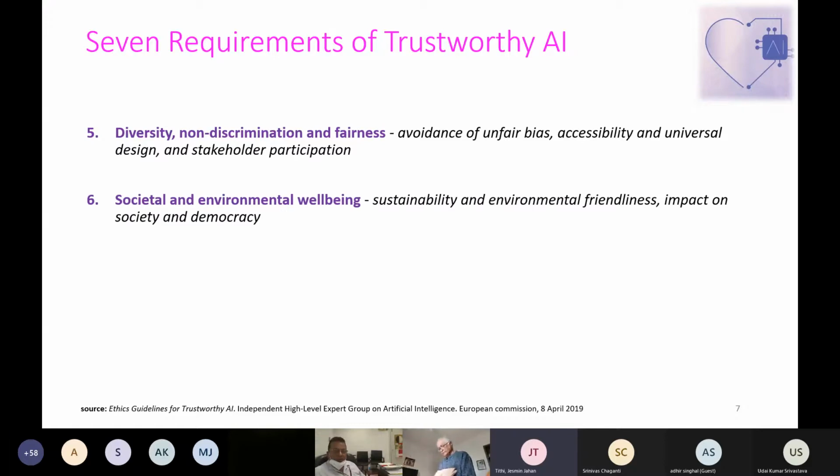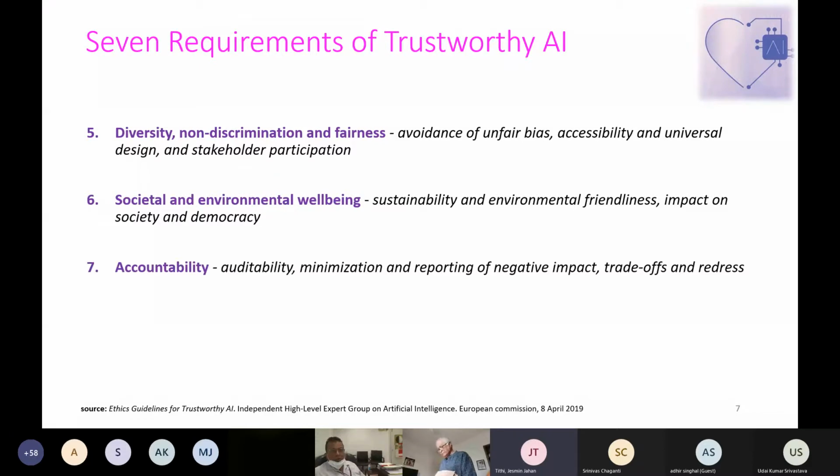The sixth requirement is societal and environmental well-being, and that includes sustainability and environmental friendliness, as well as impact on society and democracy as a whole. And the seventh requirement is accountability, and that includes auditability, minimization and reporting of negative impact, the opportunity of making trade-offs, as well as the opportunity of redress in case there is any issue with the AI.